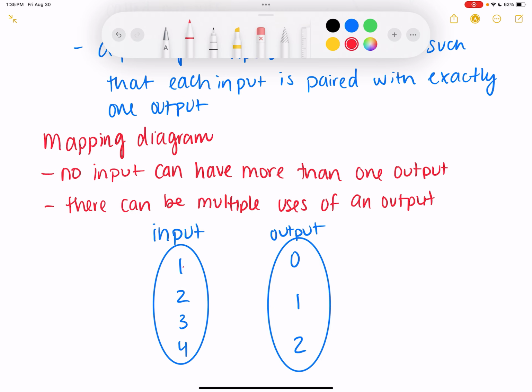And so 1 can be with 0, I can have 2 with 1, and then I can also have 3 with 2, and 4 can be with 2. So notice each input only has one output, but outputs can be used more than once.